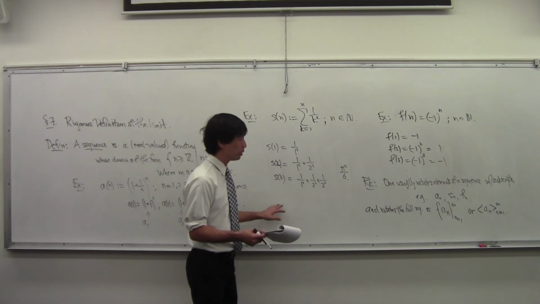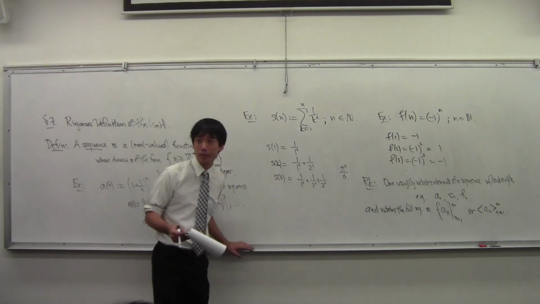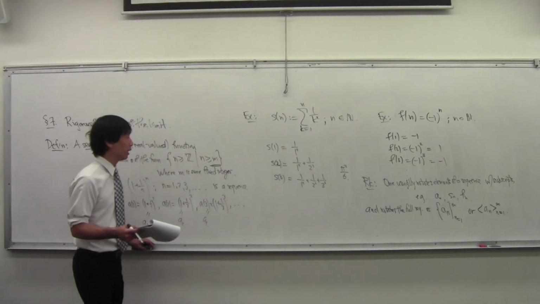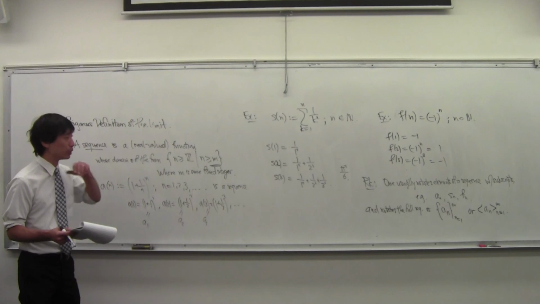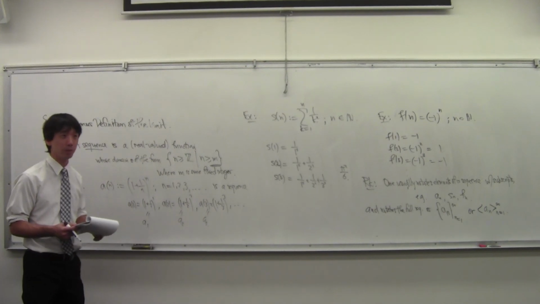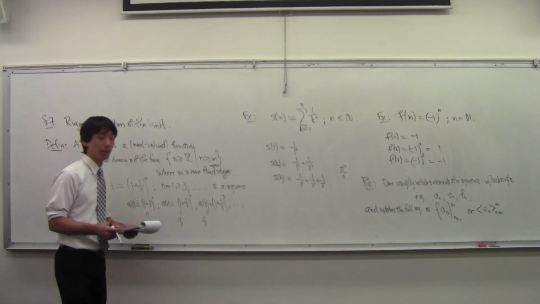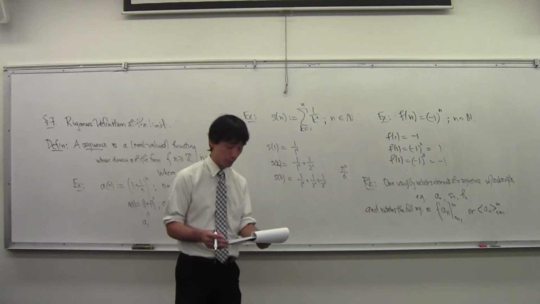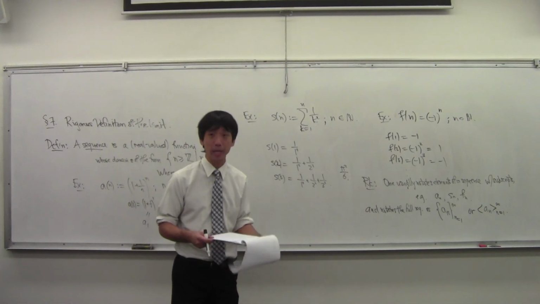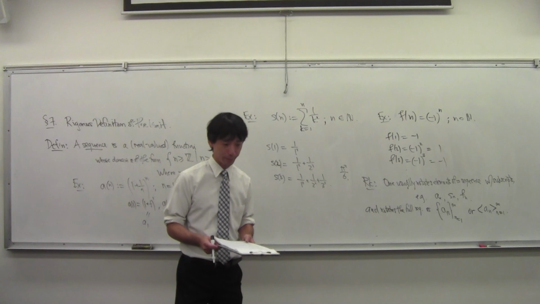Okay, so just to give you the sequence notation, next time we'll talk about what it means to talk about limits, the limit of a sequence, the formal definition of that, the idea and the definition.